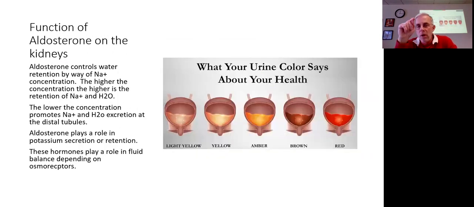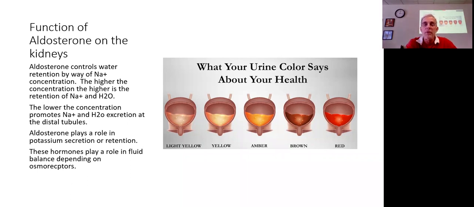Now, there is another hormone called aldosterone. It also has a way of controlling water retention as well as sodium. And water tends to go usually where sodium or salt goes, okay? So a higher concentration of one means a higher concentration of the other.